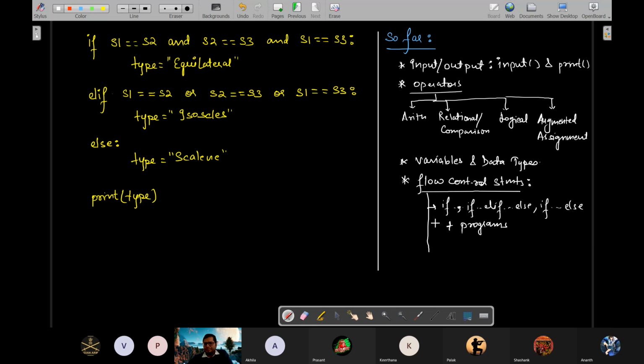Okay, so other ones are, so we have completed this one. This is done. Now we will start with another type of flow control statements, that is loops. In this there are two types, for and while.